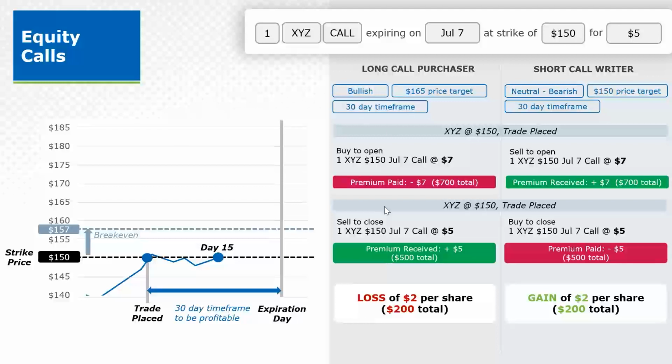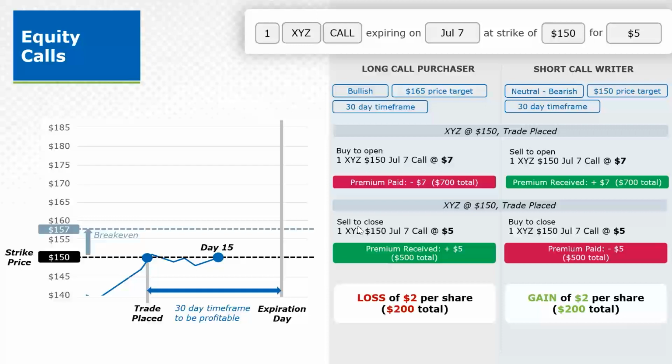Well, like I said, the value of the option is going to depreciate because of the extrinsic value components. When the stock is at 150, that represents all extrinsic value because it's worth $7, and the $7 is extrinsic value. It's still at 150, but there's less time to expiration. So that extrinsic value will depreciate, and now it's only worth $5.